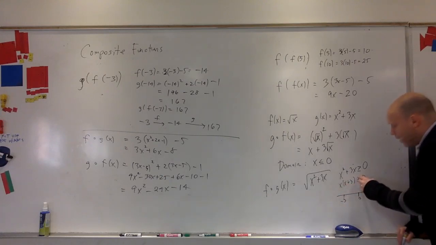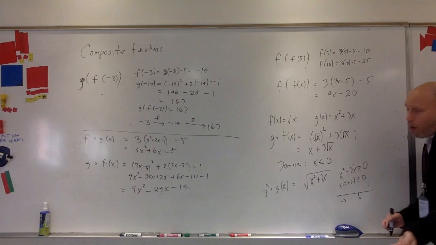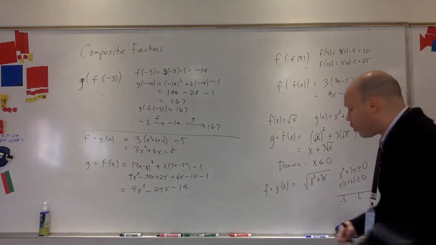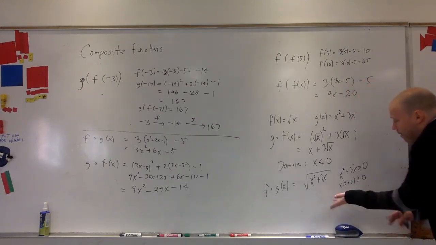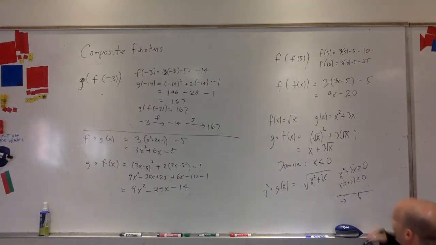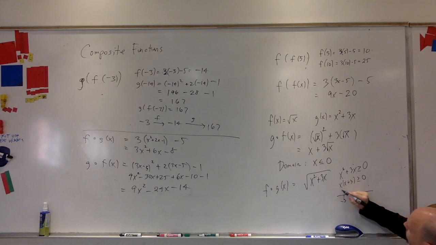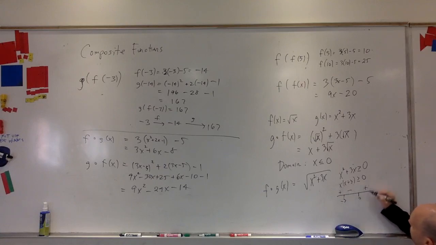The question is, I need to be above 0. Well, the easiest thing to do is look at this sign chart I made, just test some values. So for example, if I use negative 10, well, negative 10 and negative 7 is positive. If I use negative 1 and positive 2, this is negative and this is positive.